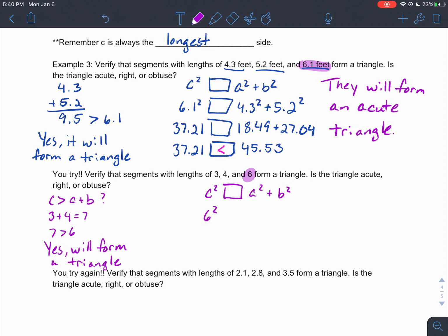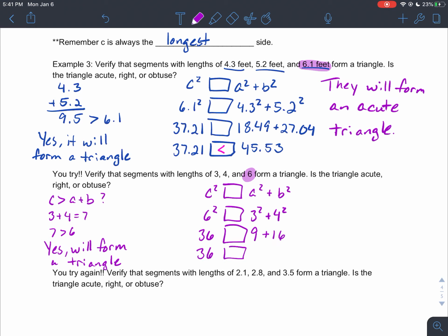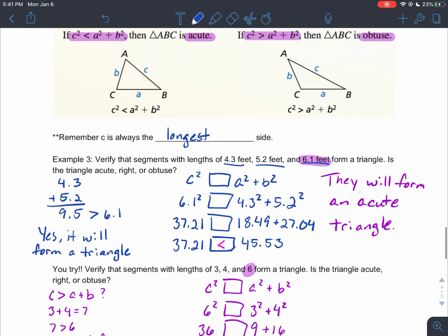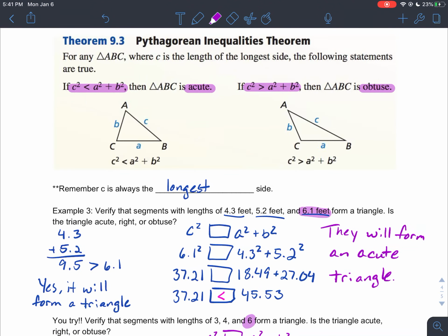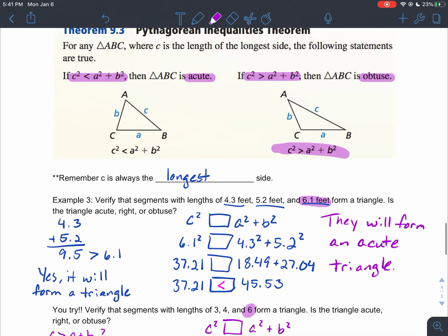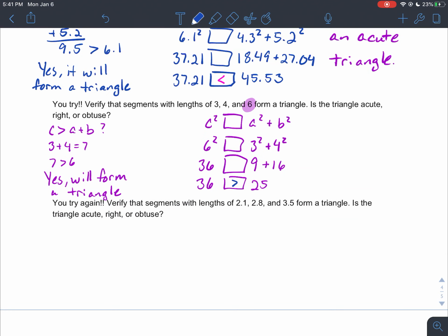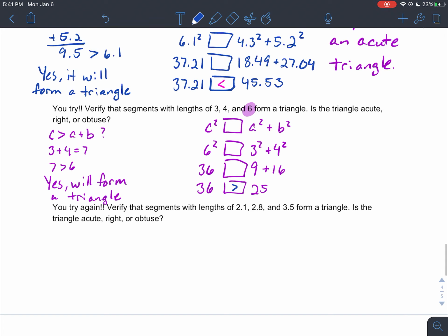So c squared, so 6 squared is something, 3 squared plus 4 squared. Well, 6 squared is 36. 3 squared is 9. 4 squared is 16. Okay. And then 9 plus 16 is 25. So 36 is greater than 25. And notice if c squared is greater than a squared plus b squared, this is an obtuse triangle.